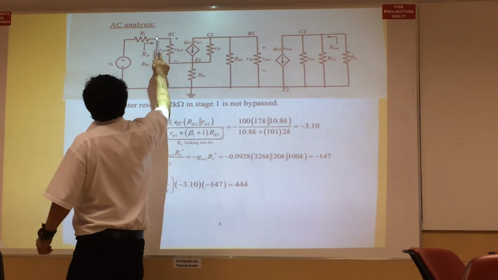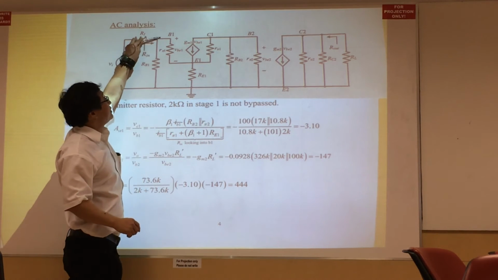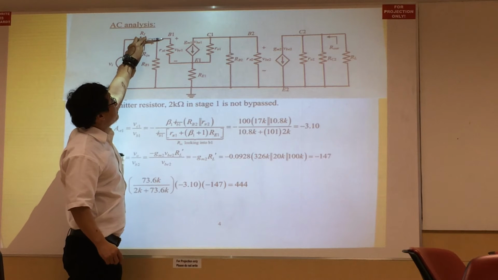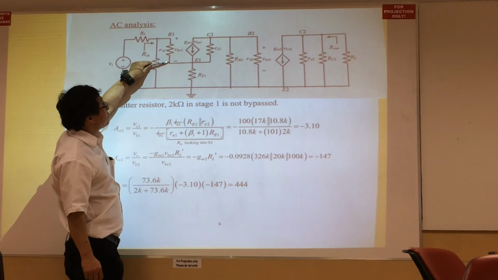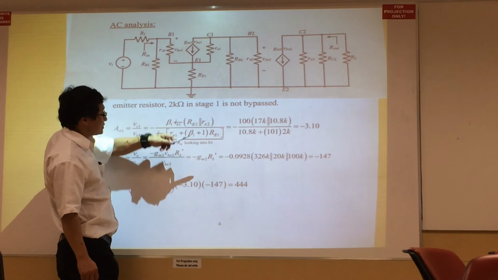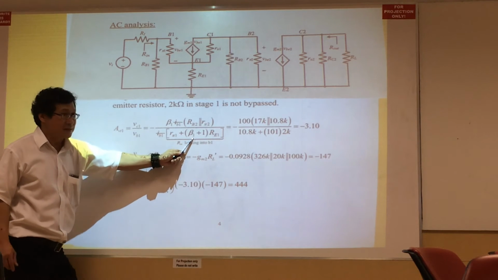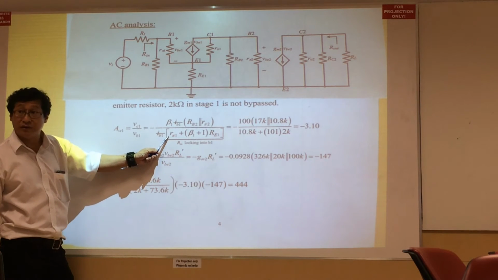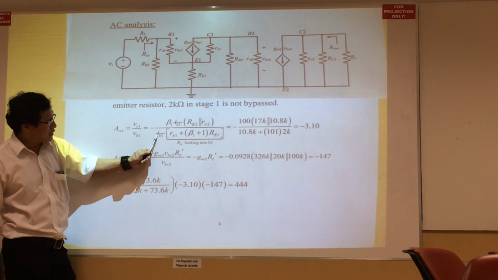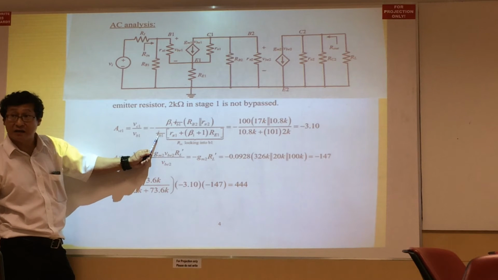The voltage at the base is equal to the base current multiplied by the total resistance looking into the base, which is R pi plus RE referred to the base. Multiply that by the base current and it gives you the voltage at the base.